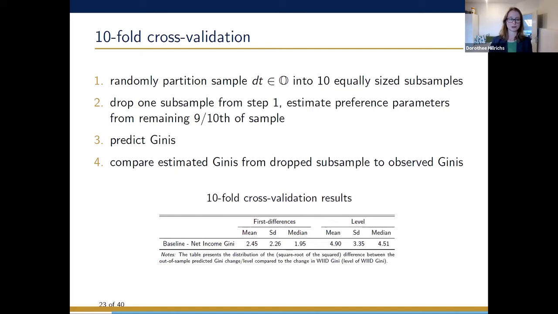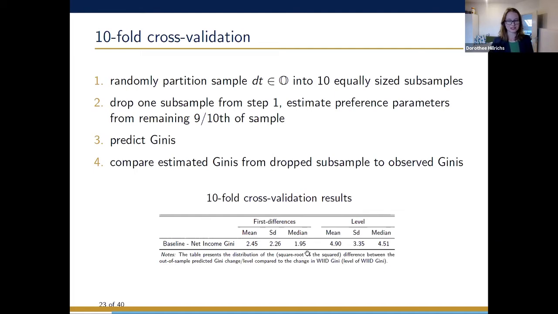This is called a 10-fold cross-validation exercise, where we randomly omit certain countries from the first step sample, where we classify the wines and the cars and everything. And on average, the median deviation between our estimate and the survey data from the World Income Inequality database is 4.5 points, and in terms of changes between two periods it is close to 2 points.